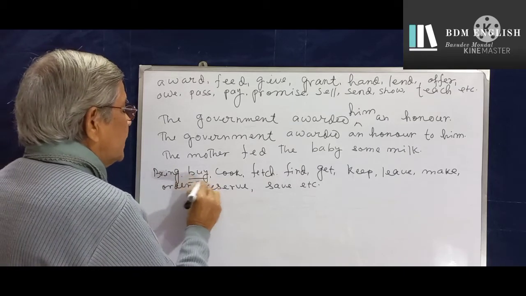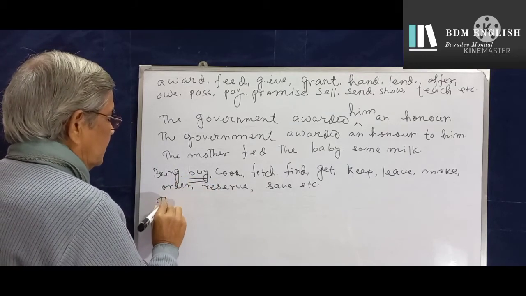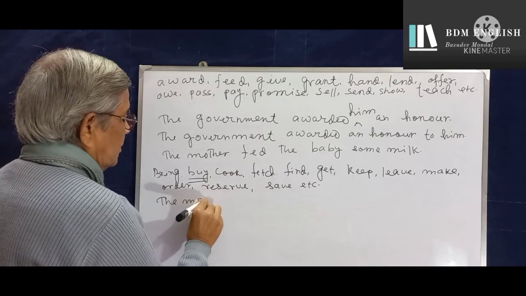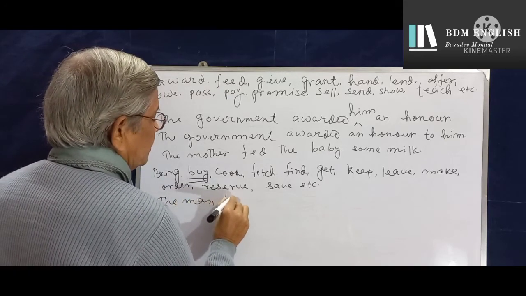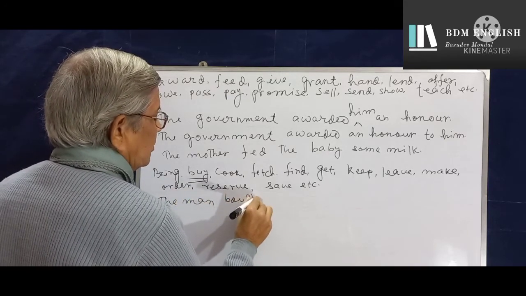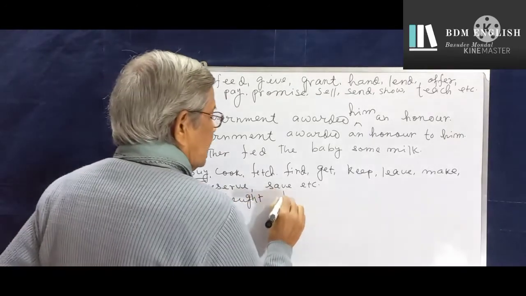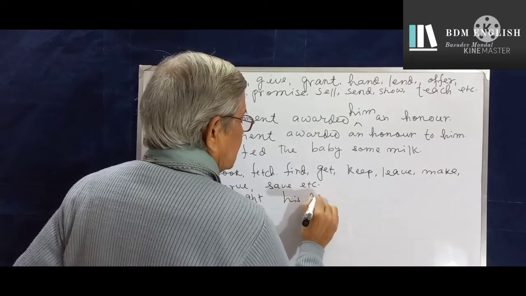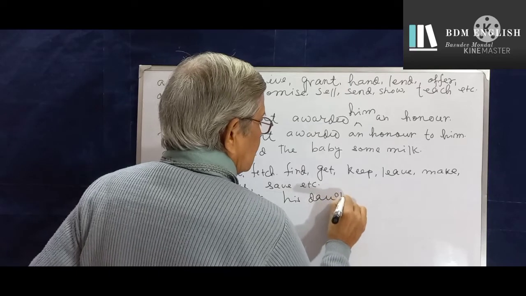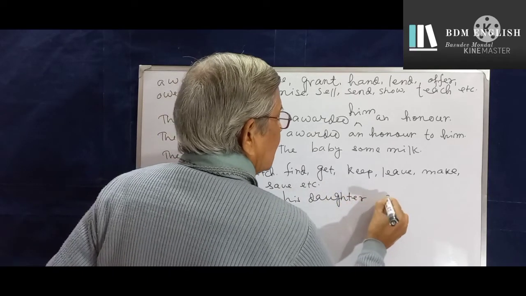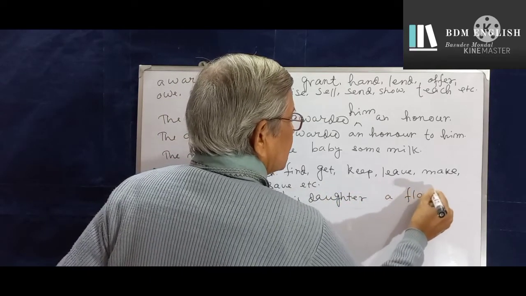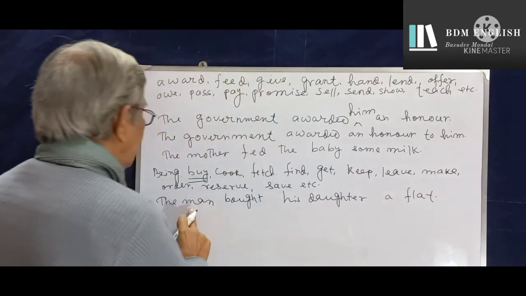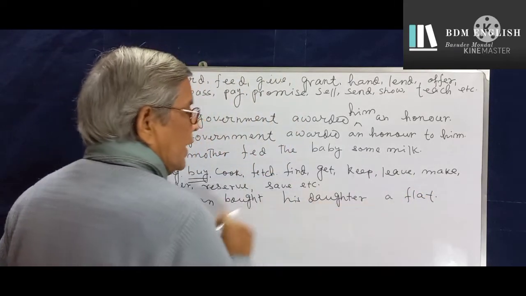Let us take this verb. The man bought his daughter a flat. The man bought his daughter a flat.